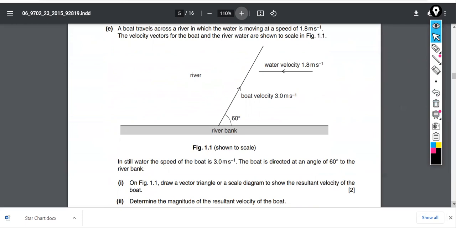All right. You got a boat going like this, you got water going like that, and we have to draw a vector triangle or a scale diagram. Now they say that this is shown to scale here. So I guess the length of this line corresponds to 3, and the length of this line corresponds to 1.8.